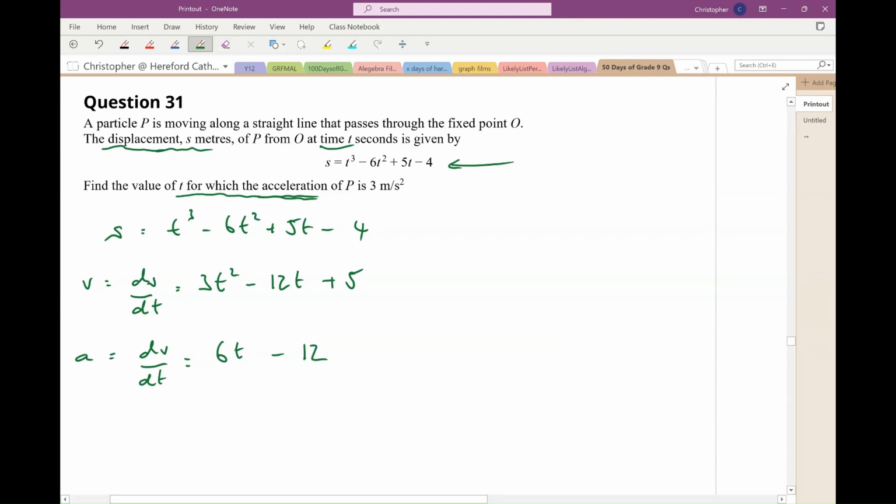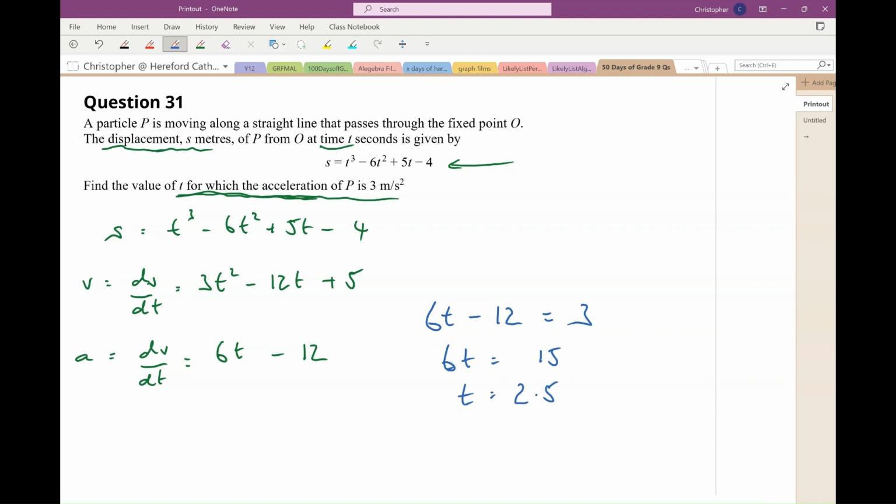Now what's the question say? Find the value of t for which the acceleration is 3. So I need to know what value of t makes the acceleration equal to 3. Okay, well then 6t would be 15, so t would be 2.5. So the answer is that the acceleration is 3 when t is 2.5.